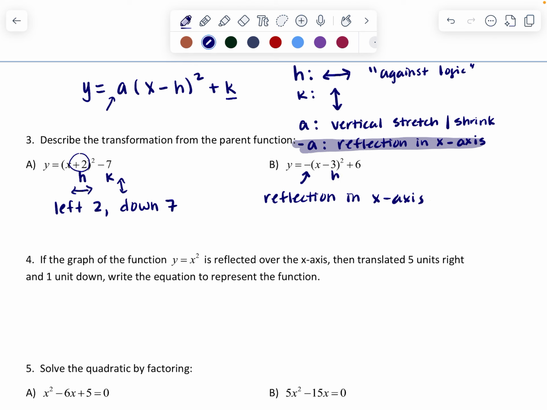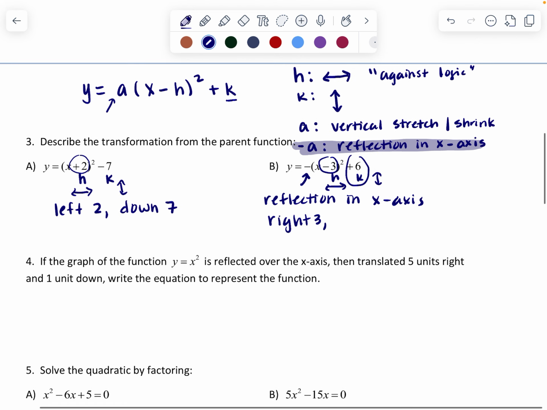This is your h, this is your k. Your h tells you your right and left movement, and it goes against logic. So if it says -3, it's actually moving right 3. The k tells you your up and down movement, and that is with logic. Whatever it says is what it does. So if you have +6, that means you're moving up 6.